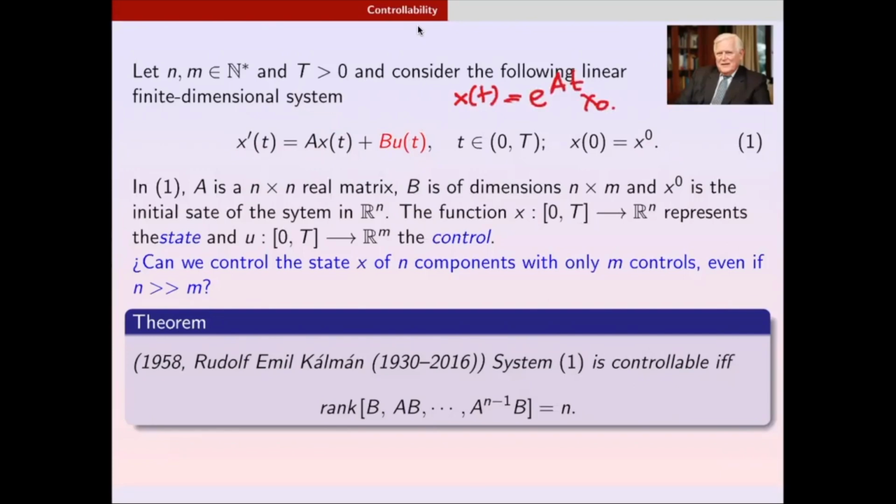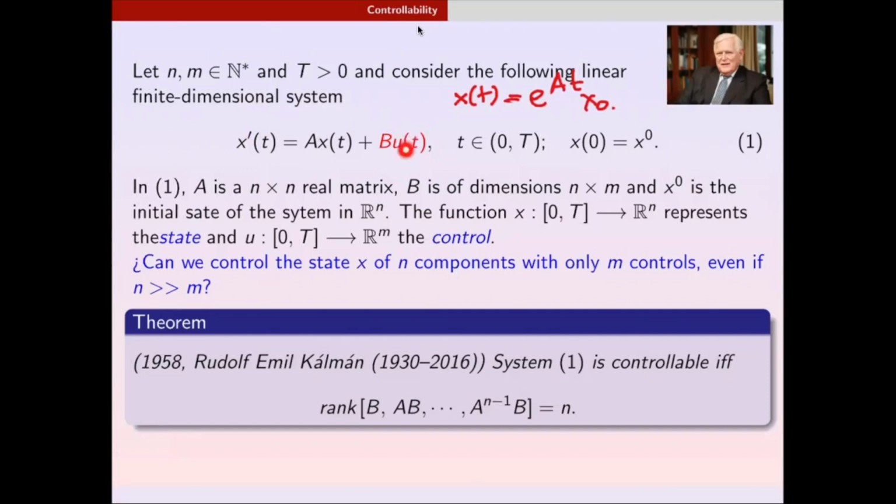Okay, good. But now we have the opportunity to control the system. So this was about temperature in the building. Now I have the possibility to use the heating or the air conditioning system in the building, right? And I do it through control. I can inject hot or cool air, u depending on t.